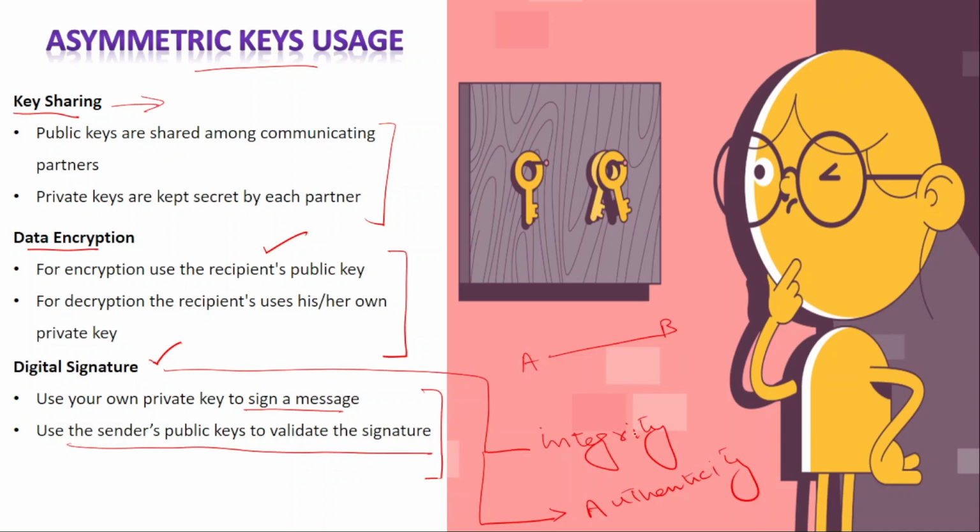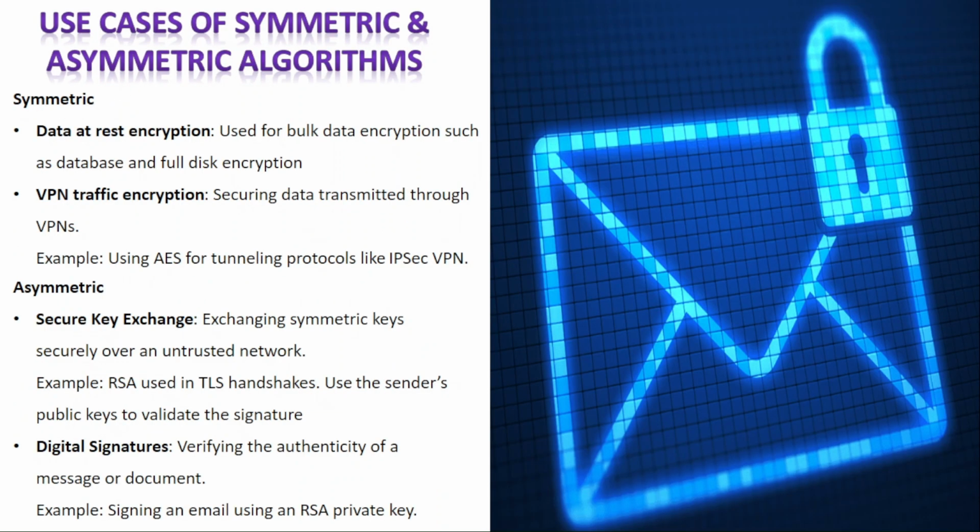The message origin is always authenticated. When B receives the message, he or she is sure that the message was sent by party A. So both message integrity and message origin authenticity are ensured by the digital signature, which is also a key usage of asymmetric encryption.